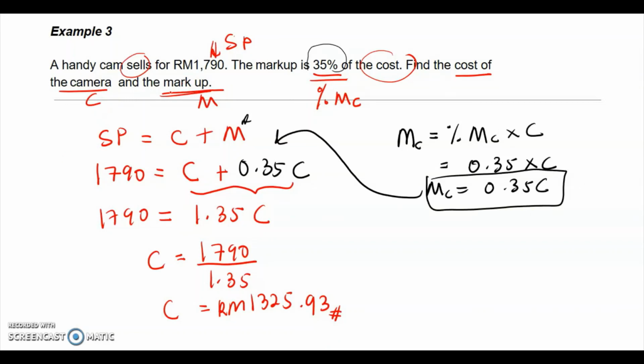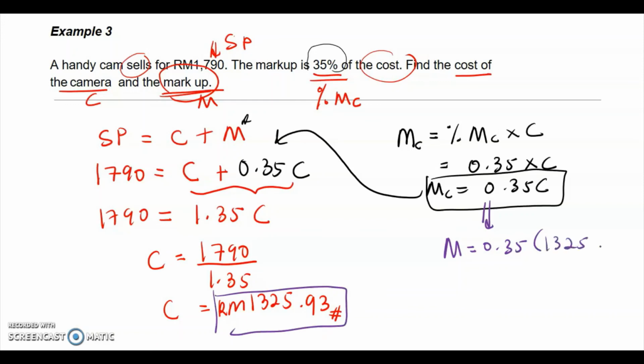Okay, the next question, you must find the value of the markup. This is the value of the markup, right? 0.35C. So the markup amount is 0.35 multiplied with this cost price, 1325.93. So the markup amount based on cost price is RM464.07.